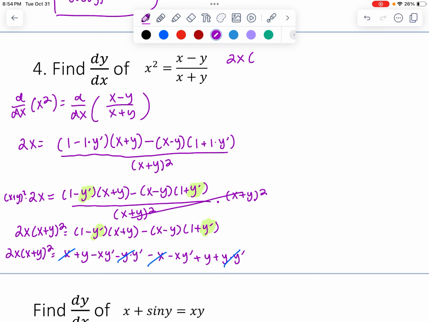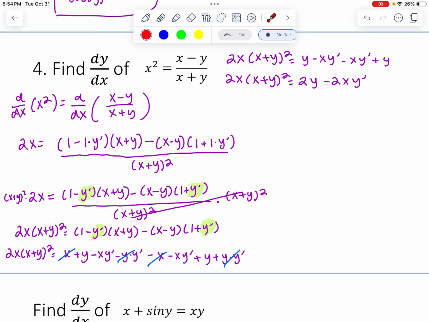So I'll have 2x times (x plus y) squared, and then I'll have y minus xy prime minus xy prime plus y left. I can combine some like terms, and I'll get 2y minus 2xy prime. So I just combined these two y's, and then I combined these two because they're like terms.